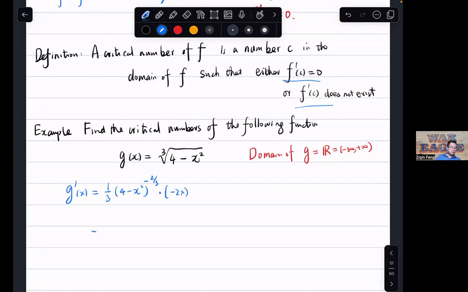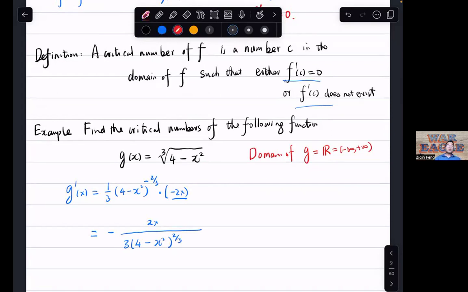The negative comes from here, -2x is our numerator, and (4 minus x squared) to the power 2/3 goes in the denominator, changing the negative exponent.